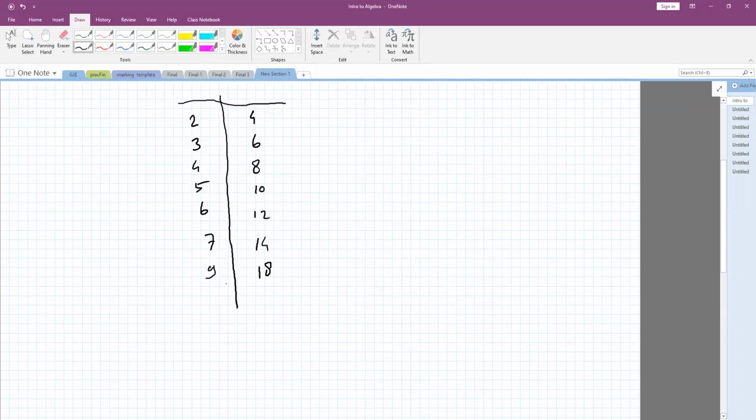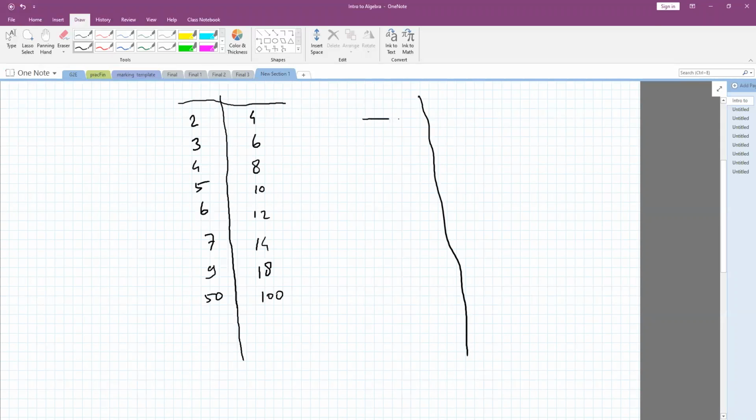Now how about if this is 100? 50. So in this case, you start to see the rule or the relation between these two numbers in the left side and right side. So basically you double it. Yeah? Very good.